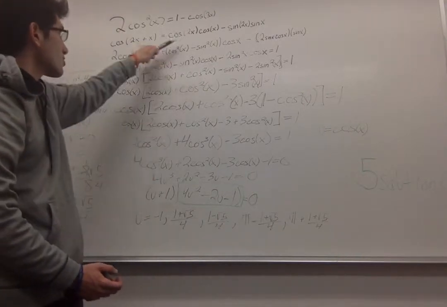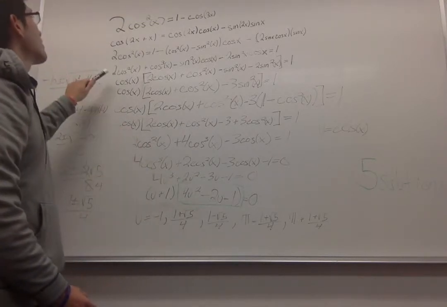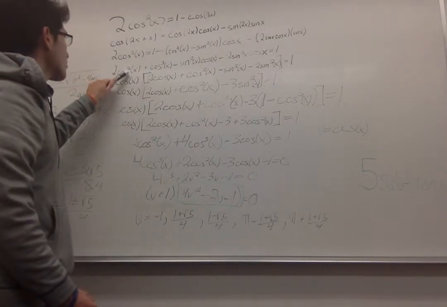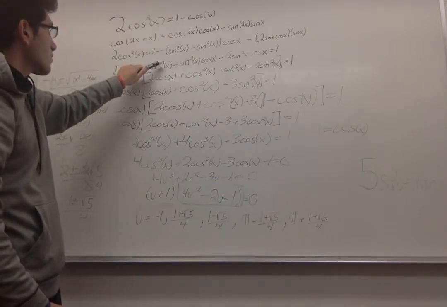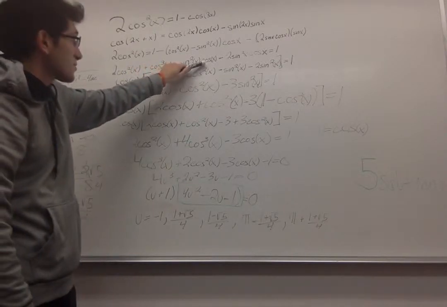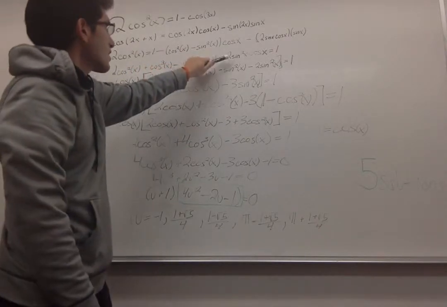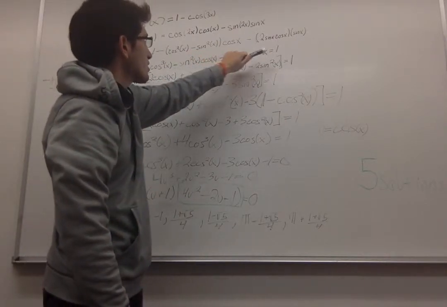All the work so far is just using trig identities, and now we're going to distribute and simplify. So 2cos²x plus cos³x minus sin²x cosx minus 2sin²x cosx equals 1.